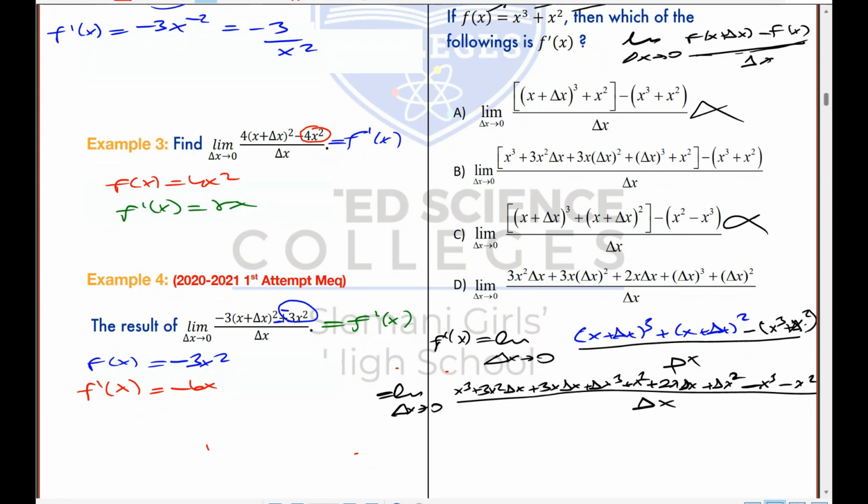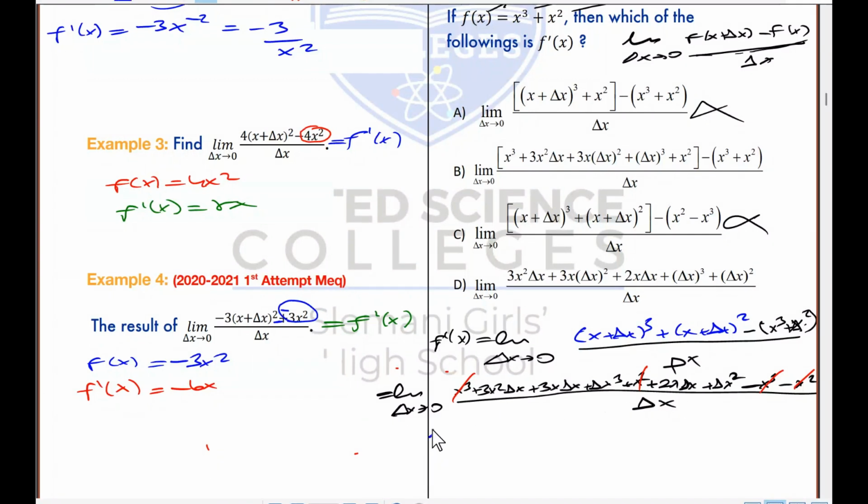Now, if there is simplification any, let's simplify. X cubed and x cubed will go. X squared, do you have any more x squared? Yes, I have one here. I think that's all.